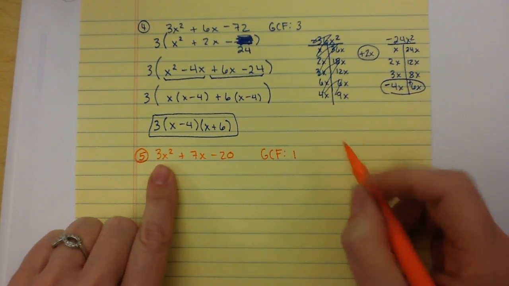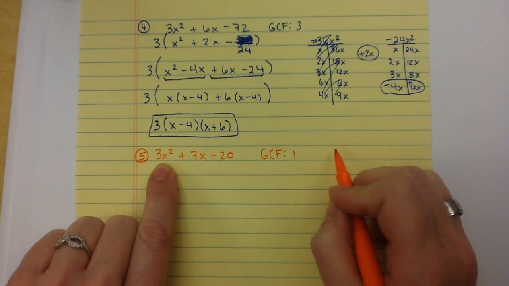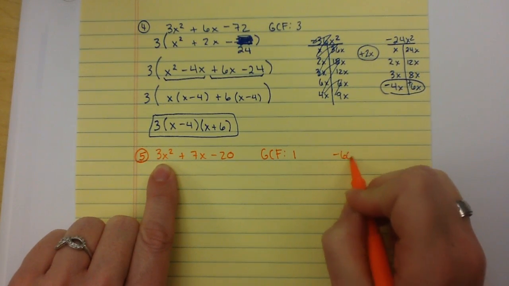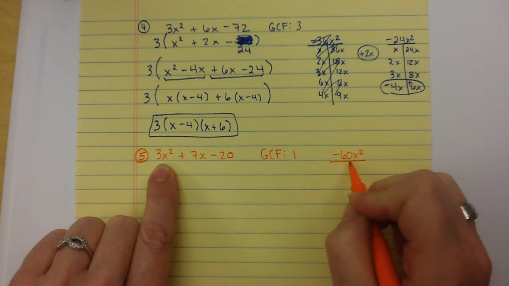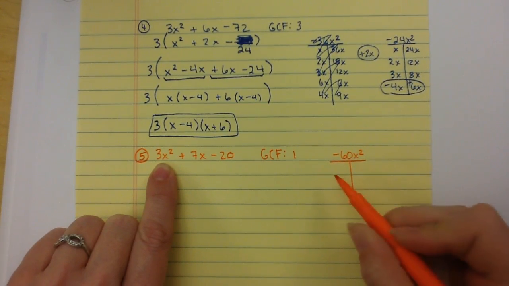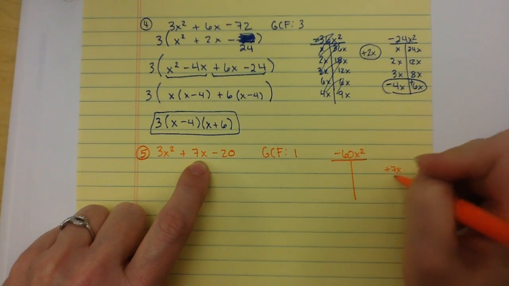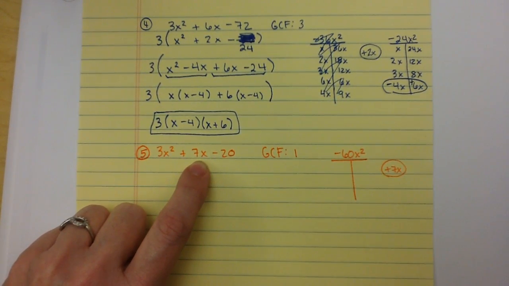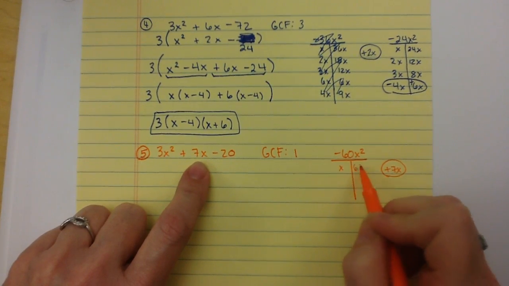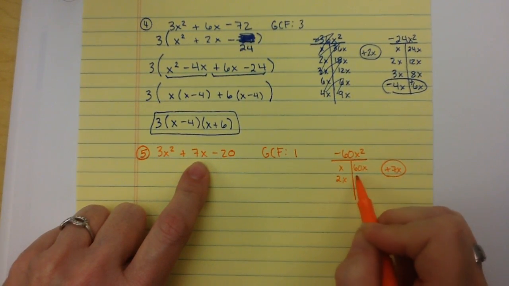3 terms, so we've got AC method. 3x squared times negative 20, negative 60x squared. So I need a combination that multiplies to negative 60x squared, but adds to positive 7x. So I'll just start listing out the possibilities.